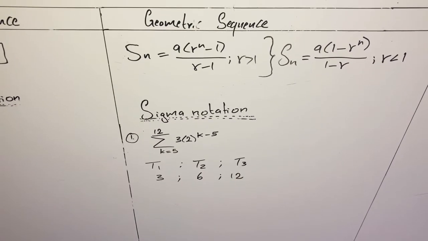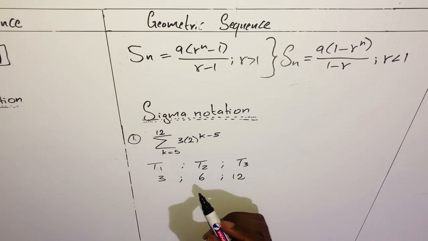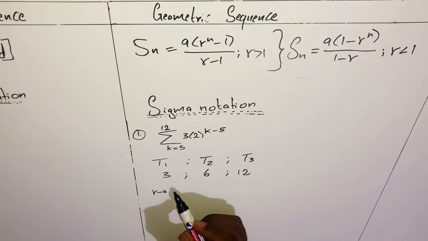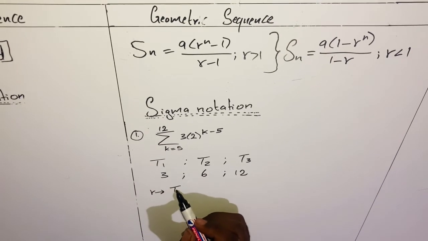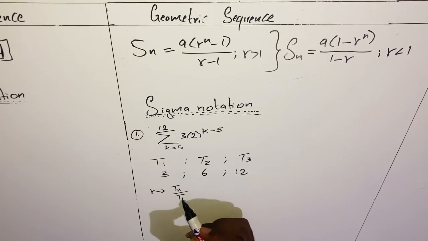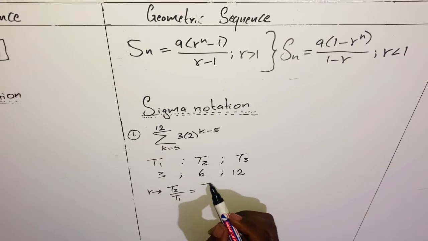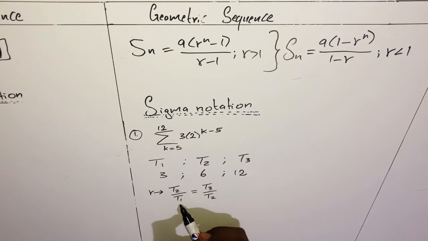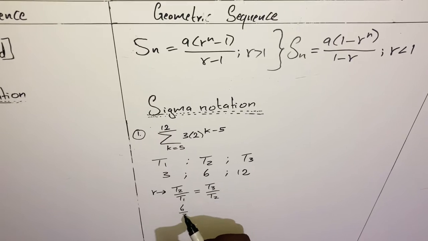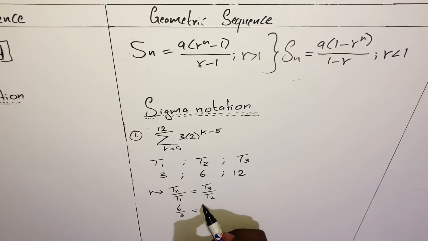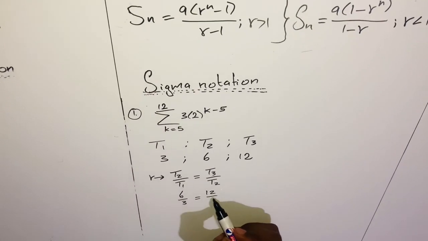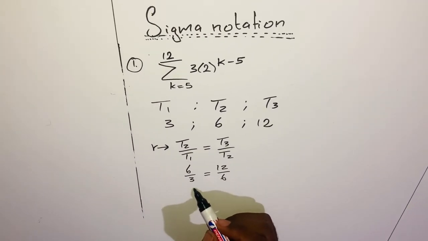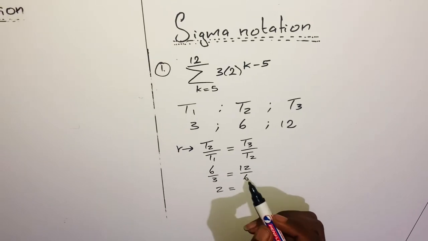From here, we will use our common ratio formula, where T2 over T1 equals T3 over T2. Our T2 is 6, our T1 is 3, our T3 is 12, our T2 is 6. 6 divided by 3 gives 2, as does 12 divided by 6.